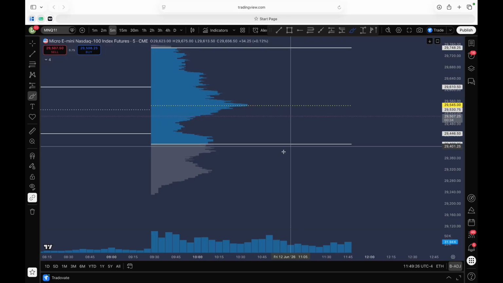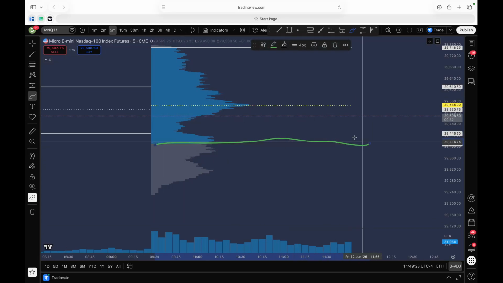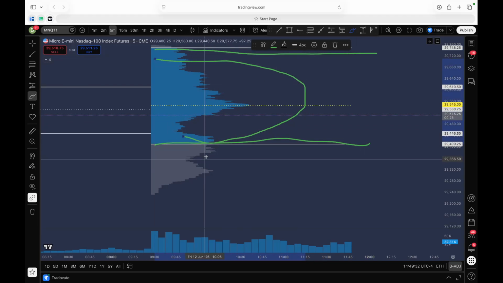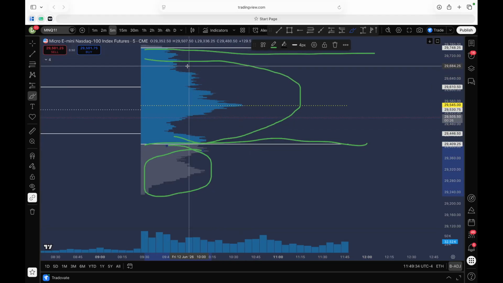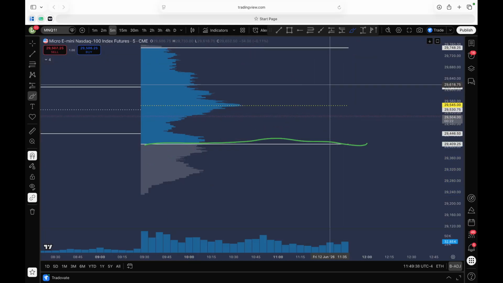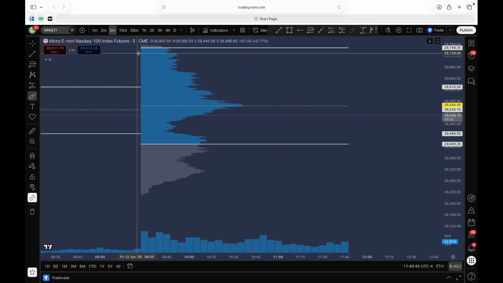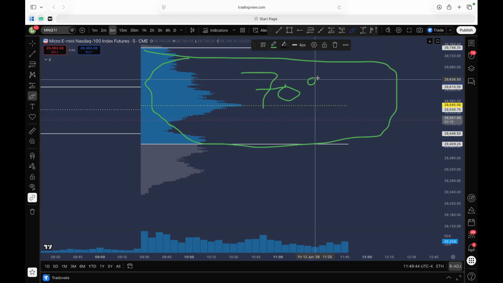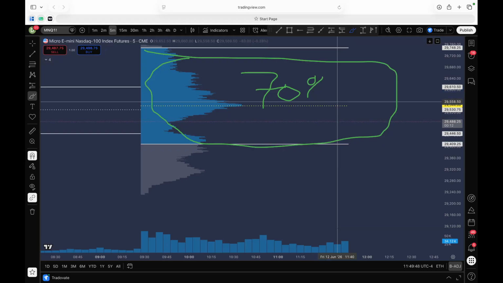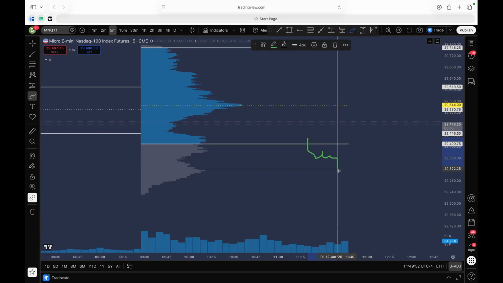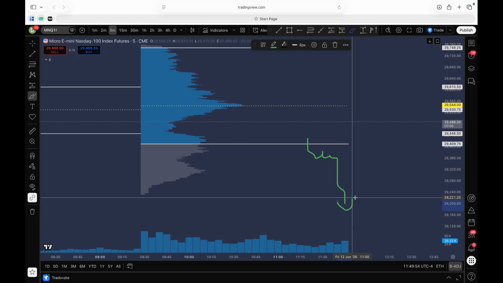And then you have the value area low, value area high. This is the value area, and this is outside of value, and outside of value at the top. The area within the value area is where 70% of all trading happened. So when you look at a volume profile, if price is outside of the value area, it's outside of the norm.